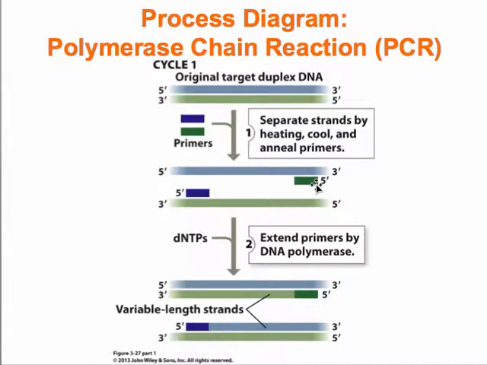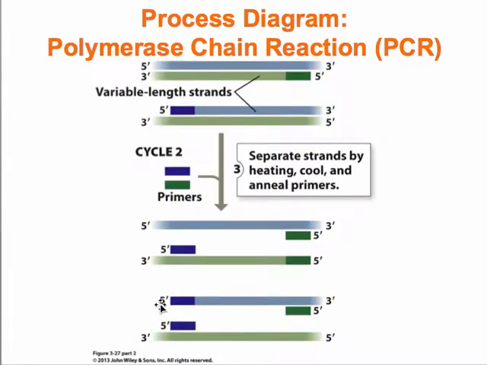Remember, DNA replication occurs 5' to 3'. And so at this 3' nucleotide, the 3' carbon is open, that OH group. That will allow our polymerase enzyme to start adding subsequent nucleotides to it. The dNTPs that are in our reaction will be incorporated into and matched to their base pairs along our template DNA.